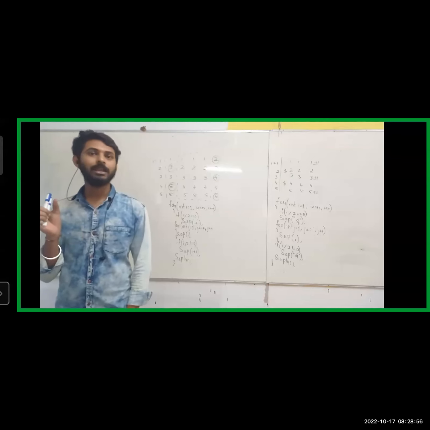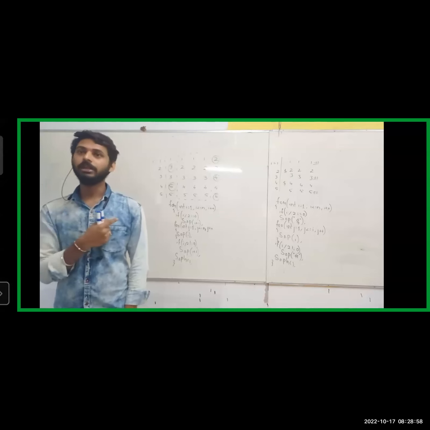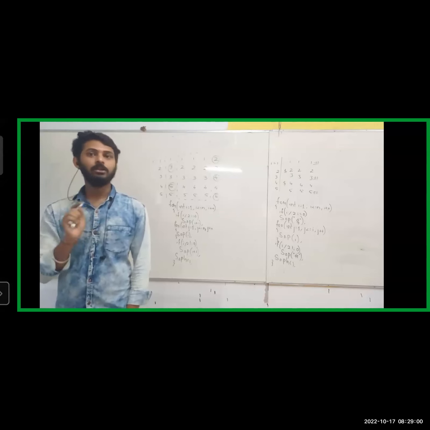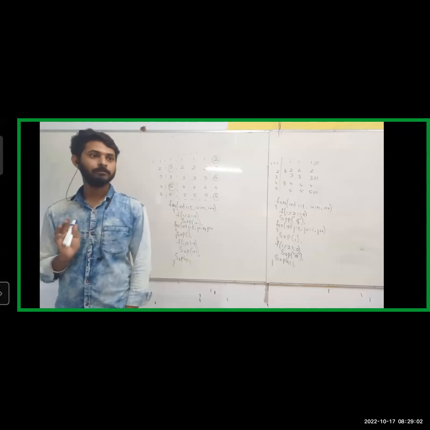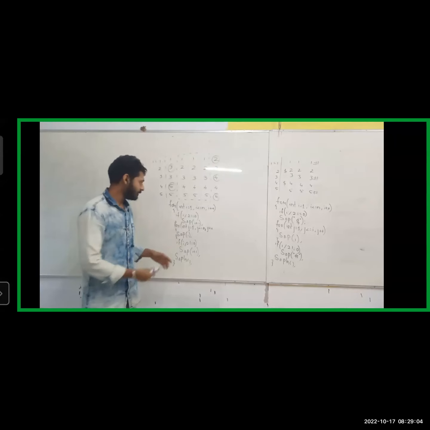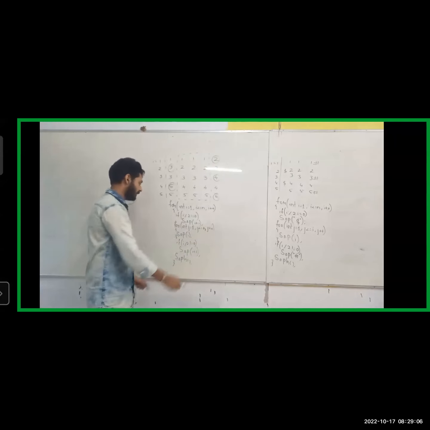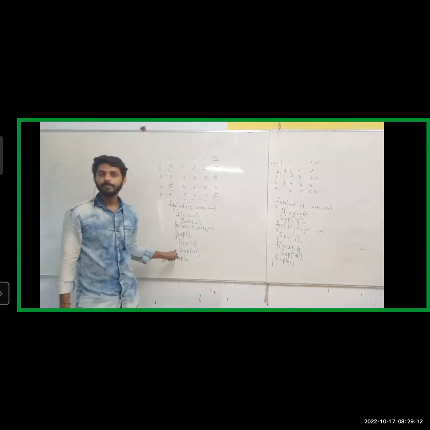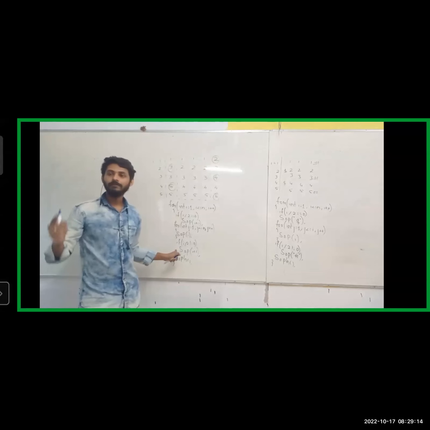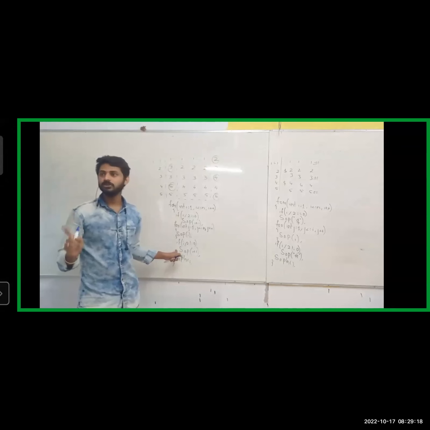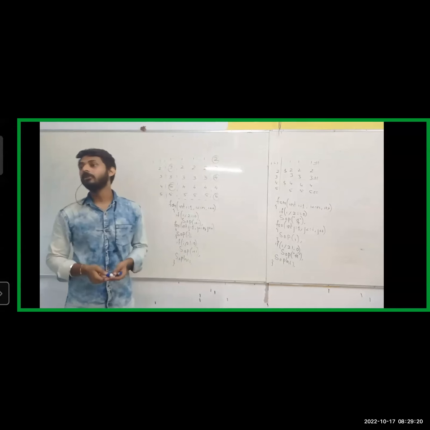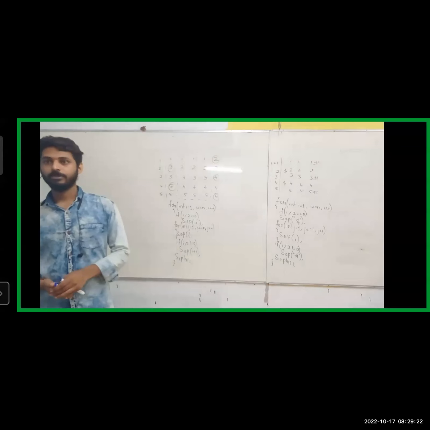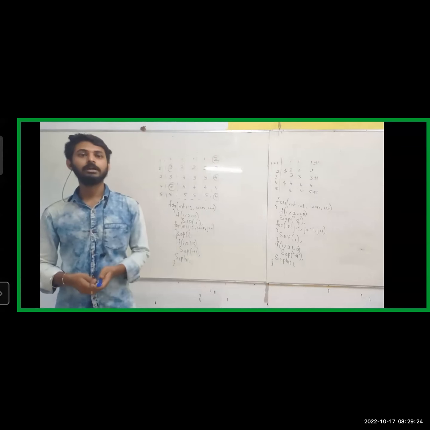If the i value is even, then only it will work, one time in that row, and that too in the beginning only. And after that, it will print this one and this one. When this one, how many times will this one work? For all the values of i, provided, definitely, you should state the condition, that is, if the i value is odd. Got my point? Clear with that? Any doubt?